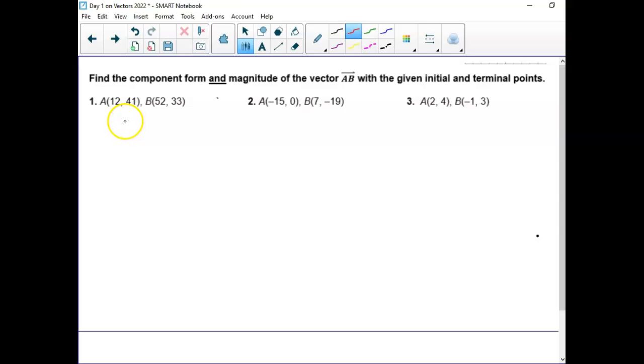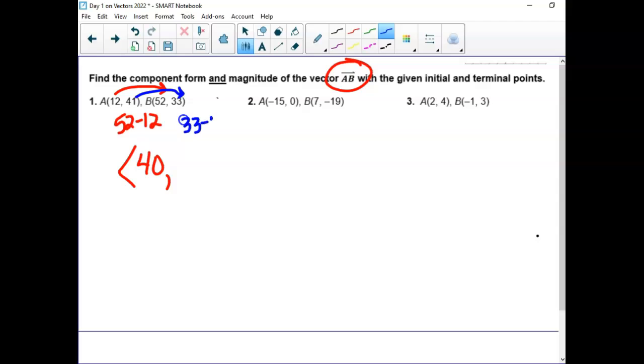If you want to do it in your head, it says up here you're going from A to B, so you're going 12 to 52. Otherwise, it's 52 minus 12 is 40. And 41 to 33, you're going down, because opposite would be 33 minus 41. Is it negative 8? Did I subtract right or not?